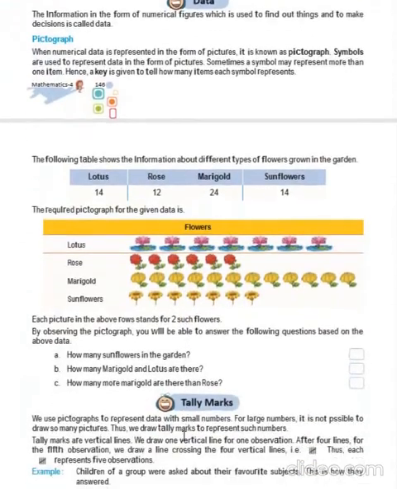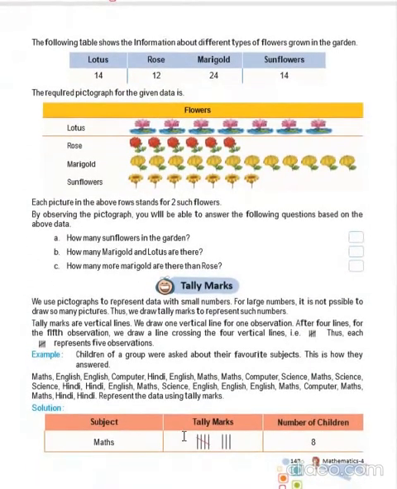Let's take an example. So here in this table, different types of flowers grown in the garden are shown. 14 lotus, 12 roses, 24 marigold, 4 sunflowers.